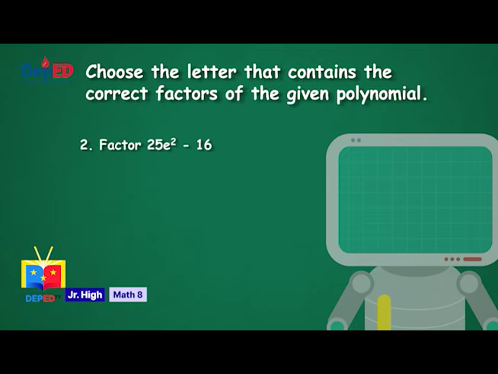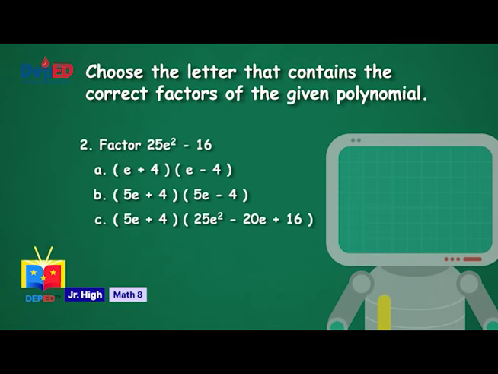Next number, factor 25e squared minus 16. Is it A, e plus 4 times e minus 4? B, the product of 5e plus 4 and 5e minus 4? C, the quantity of the sum 5e plus 4 times the trinomial 25e squared minus 20e plus 16?